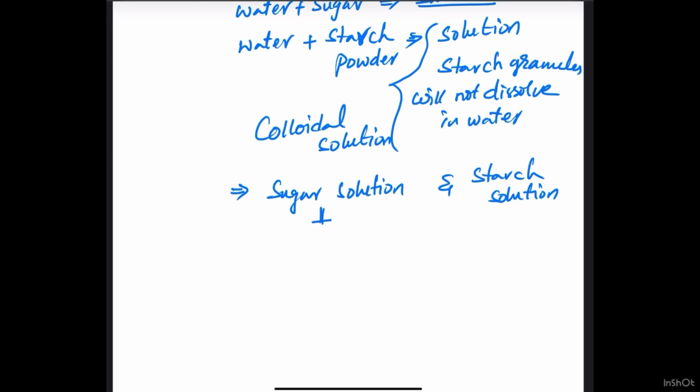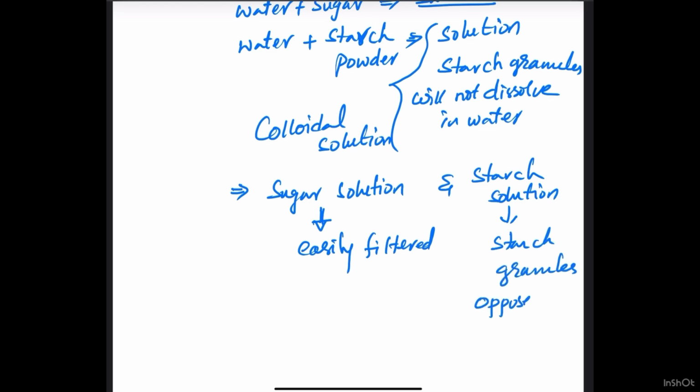The sugar solution is easily filtered, but the starch solution will not be that easy. We have to use a spoon or something to do it. Why? Because the starch granules oppose the filtration. You got it? So now you understand the logic.